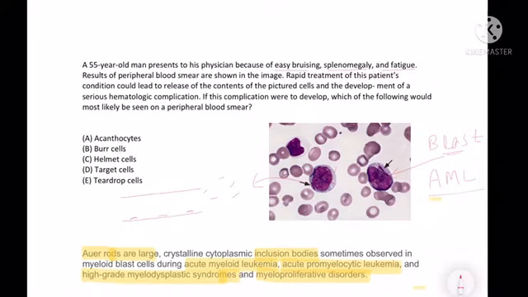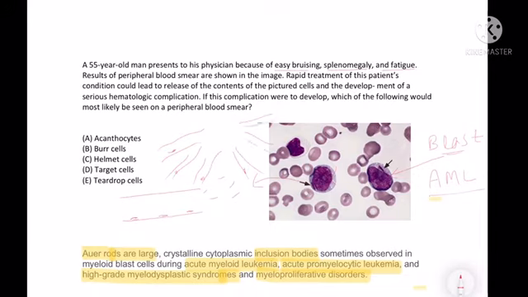The blood vessels, the endothelium, start to get damaged by these Auer rods. So extensive damage to multiple areas in the small blood vessels. Because of these small injuries, we can see aggregation of platelets and the formation of microthrombi.